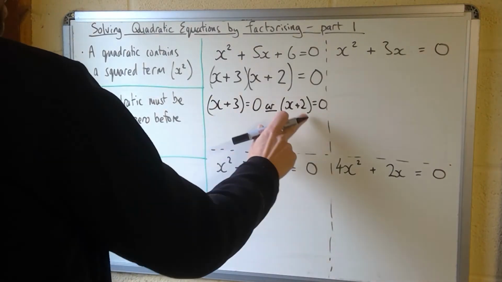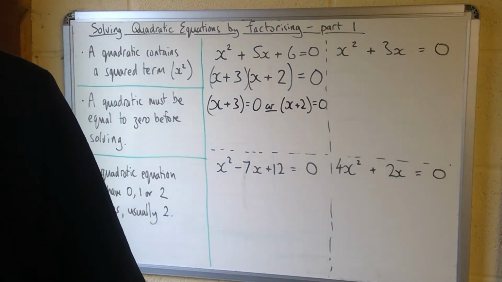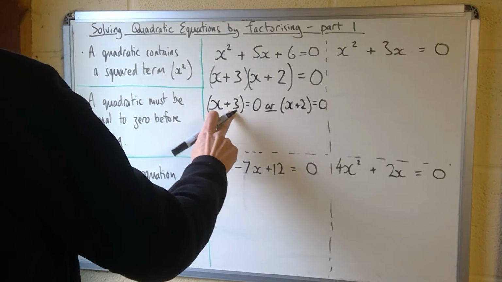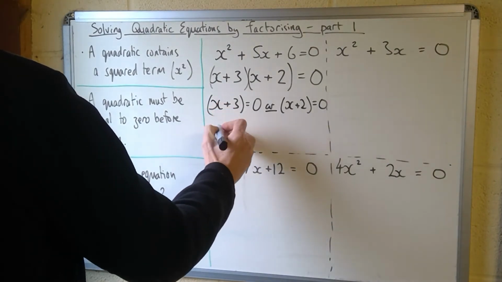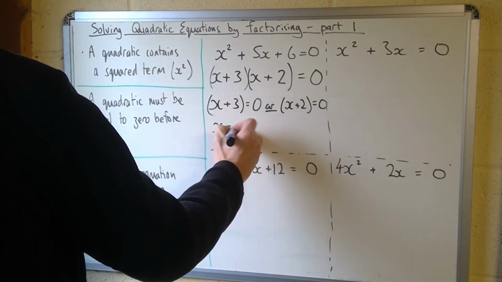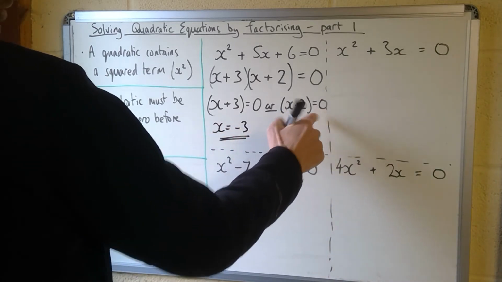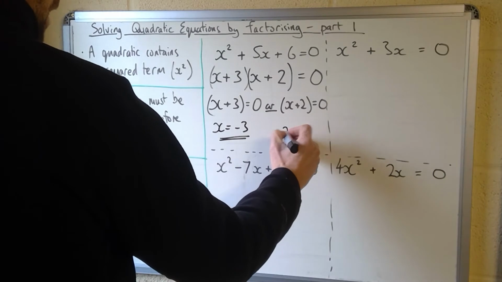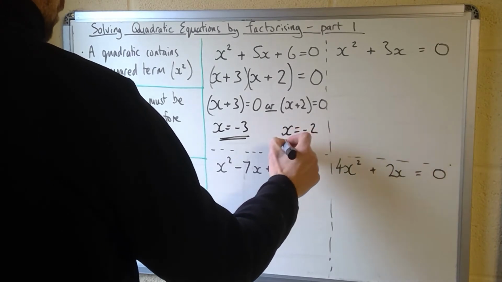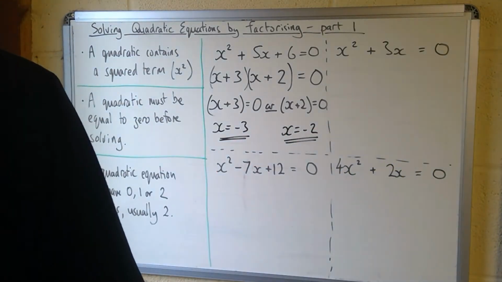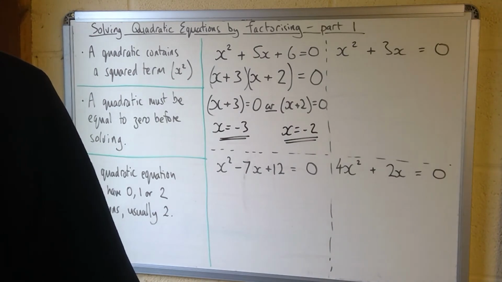And then once we've realized this, the final stage isn't too tricky. If x plus 3 equals 0, x must be negative 3, or if x plus 2 equals 0, x must be negative 2. So those are your two solutions.